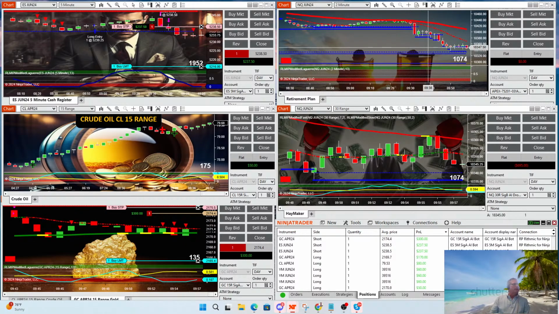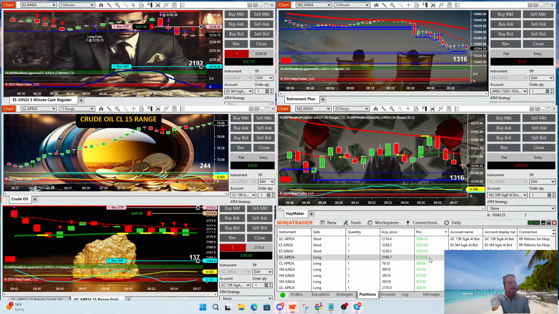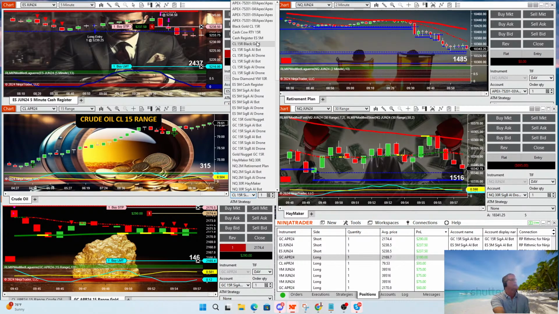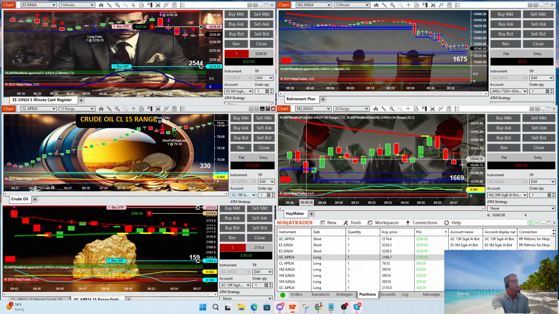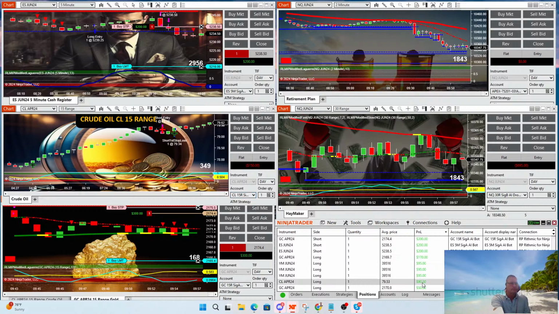Crude is moving up nicely. I'm still in these long positions here on the signal A AI drone. Crude oil signal A AI drone. No, signal B, AI bot.